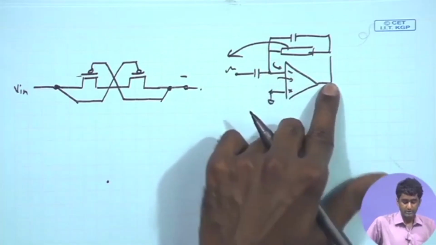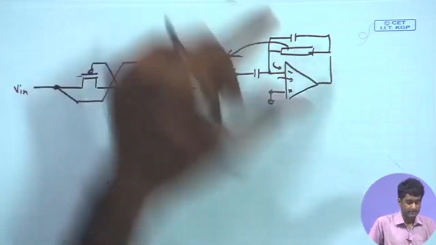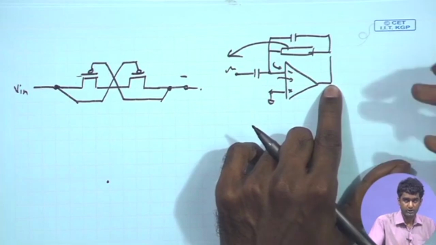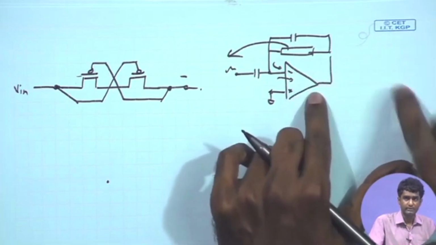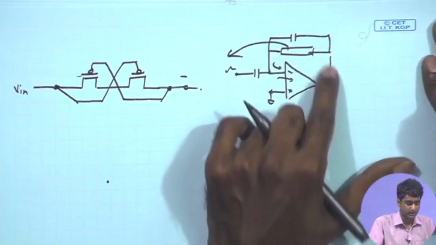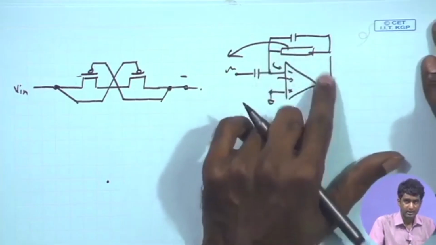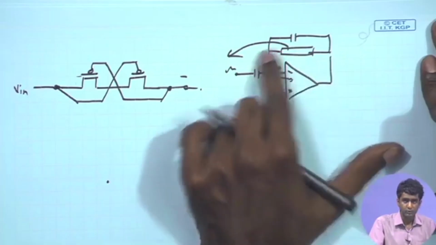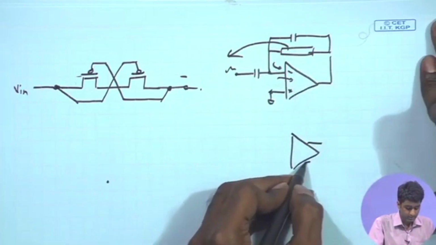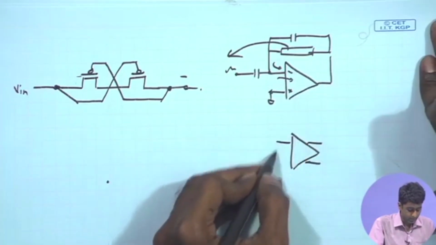For the fully differential case, we know that we have established an appropriate DC point at the differential output. So in our fully differential amplifier, we have differential output, both of them are set to a required DC point, which is the common mode DC voltage, and with the help of this large resistor connected between the 2 outputs and the inputs, we are ensuring that we are able to establish the same DC point at the input as well.